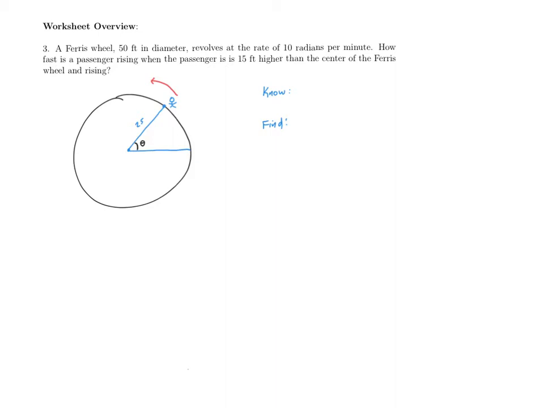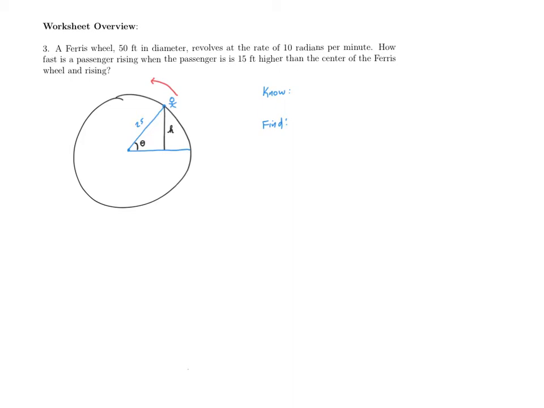Furthermore, what we are asked is how fast is the passenger rising when he or she is 15 feet higher than the center. So we also need to measure the height of the individual relative to the center of the Ferris wheel. So that would be the distance from the individual to the center line of the Ferris wheel.